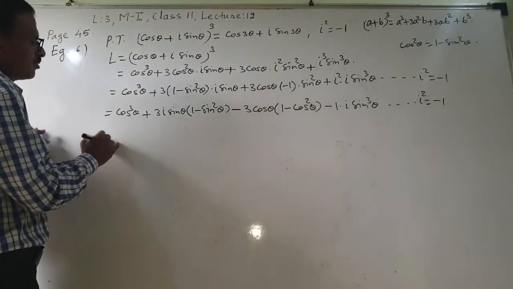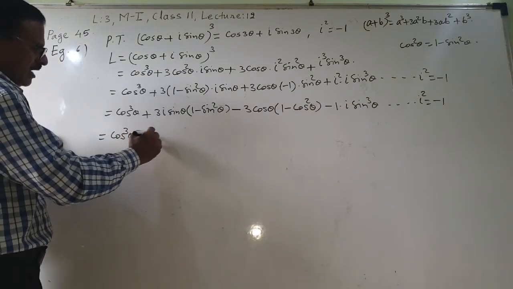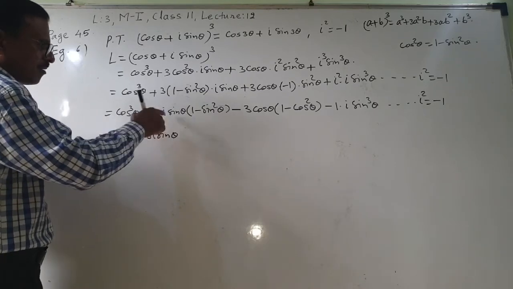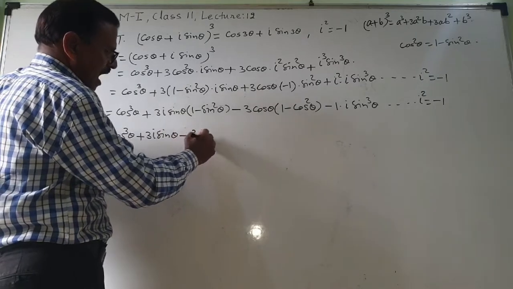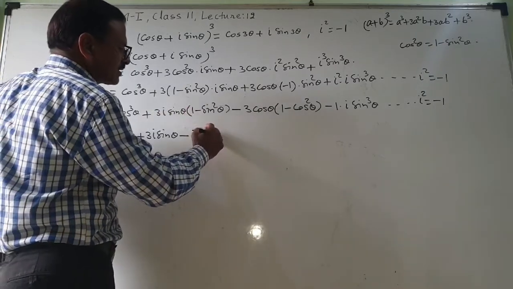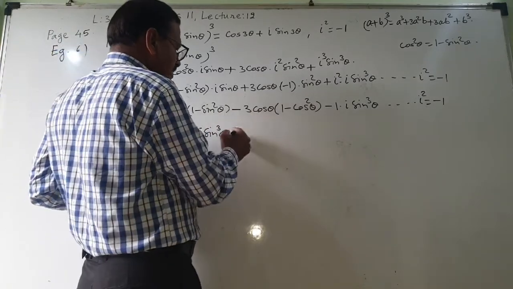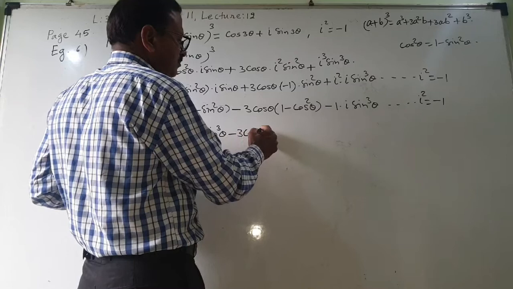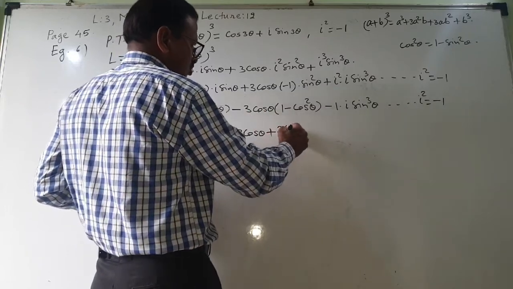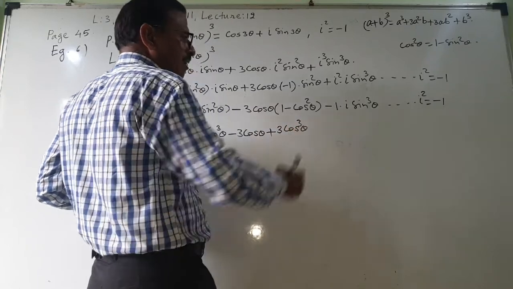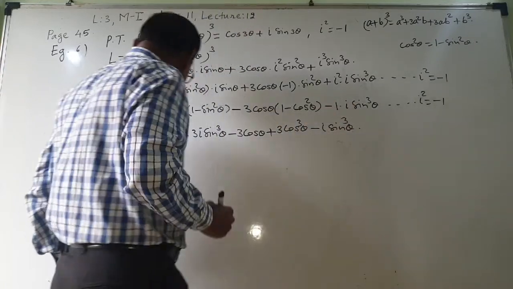So that is equal to cos cube theta plus 3 i sine theta, multiplied by minus, 3 i sine into sine square, sine cube theta. This minus 3 cos theta, this minus minus will become plus 3 cos cube theta, minus i sine cube theta.